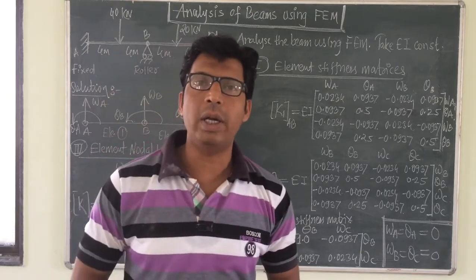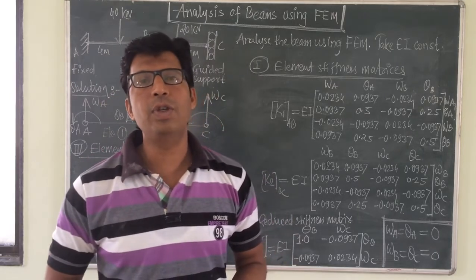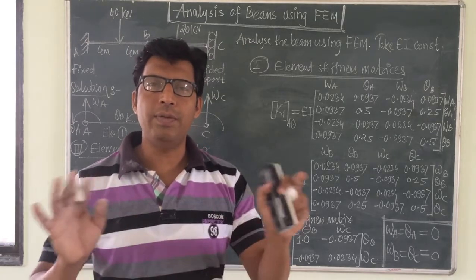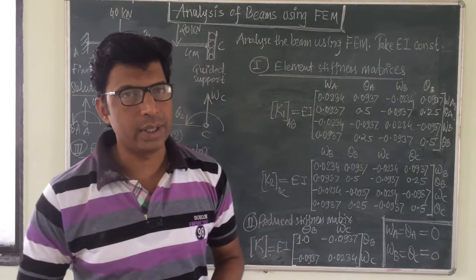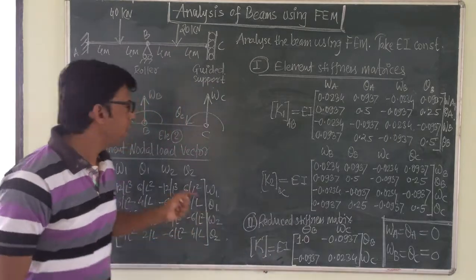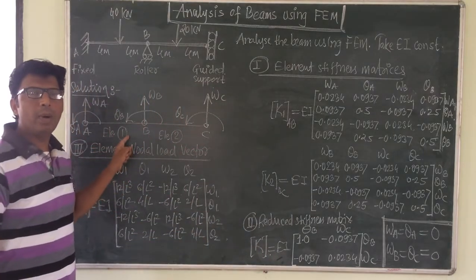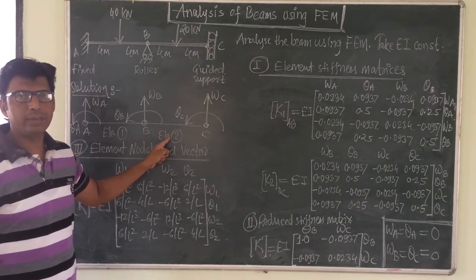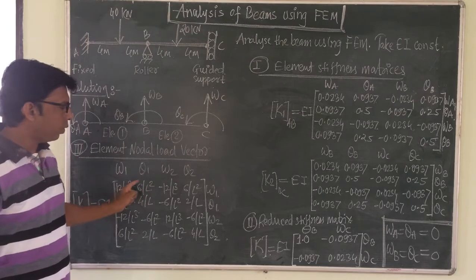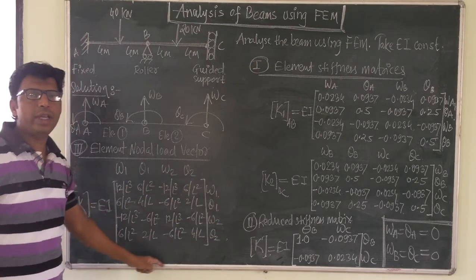Okay, so the first step of the solution: if you go through our first lecture on analysis of continuous beam using FEM, we discussed the first problem in detail. The first step is element stiffness matrices. There are two elements in the given beam. Element number 1 is member AB. Element number 2 is member BC. This is our standard stiffness matrix of any beam element.